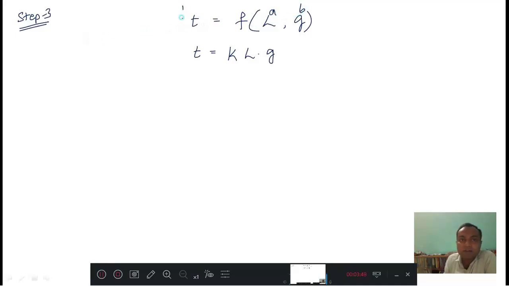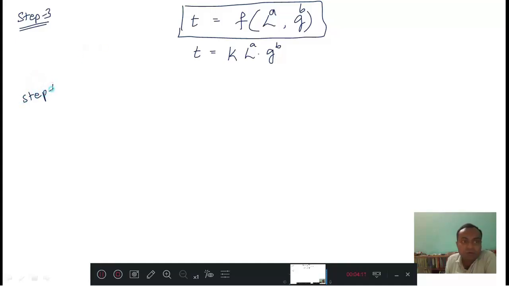This is the Rayleigh's form of equation: function of the first parameter power a, second parameter power b, like that. How many parameters will there be? That many a, b, c, d you will write. But here there are only two parameters, therefore a and b. The step 3 is over.